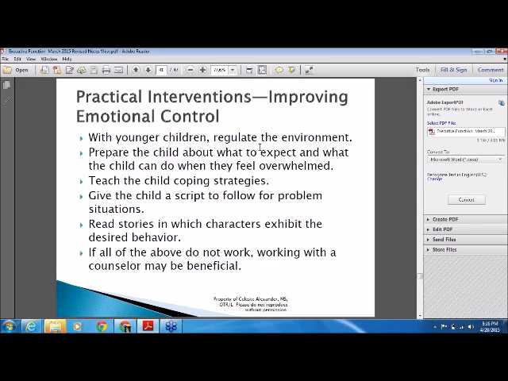Flex is a superhero character, and he's got people that do the right thing and people that don't, and it's great for the younger elementary age school boys and girls, but mostly boys. Again, visual, concrete examples. And if all of the above don't work, maybe working with a counselor may be beneficial.